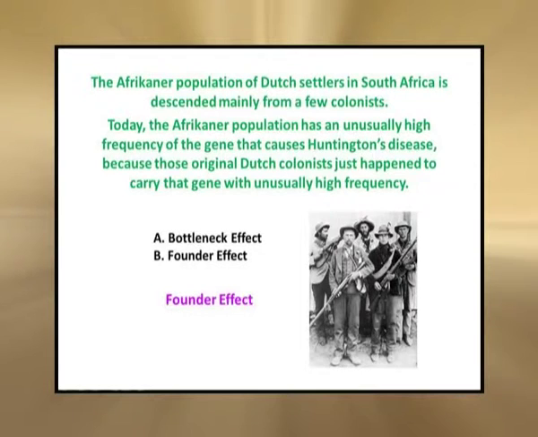Today, the Afrikaner population has an unusually high frequency of the gene that causes Huntington's disease because those original Dutch colonists just happened to carry that gene with unusually high frequency. This effect is easy to recognize in genetic diseases, but of course, the frequencies of all sorts of genes are affected by founder events. Now, the last source of genetic variation is gene flow.